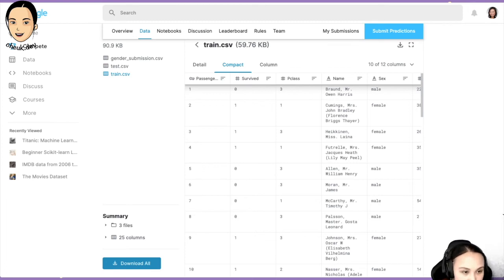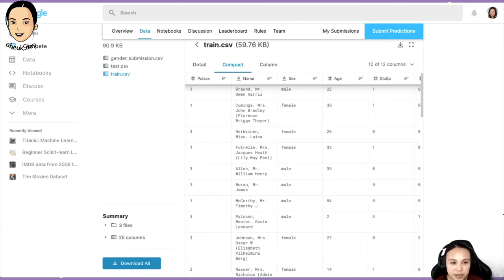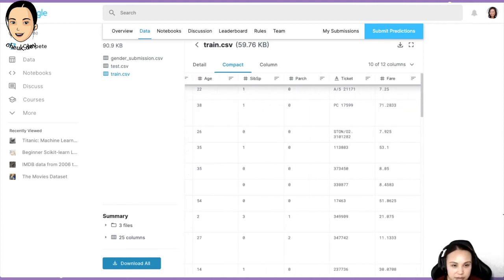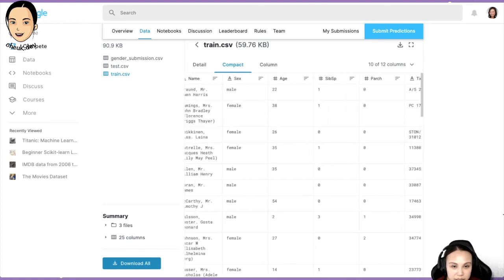Obviously this person is female and quite rich, and survived. People found that usually if you're female and in first class, then you survive. It also labels whether they had siblings or family traveling with them.